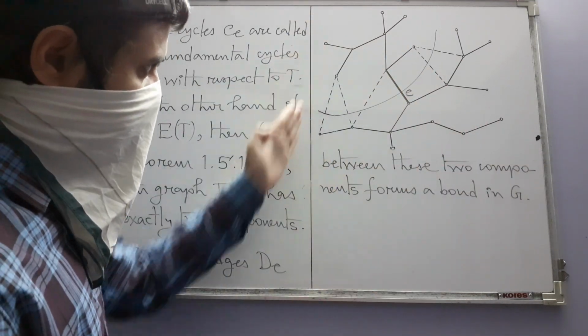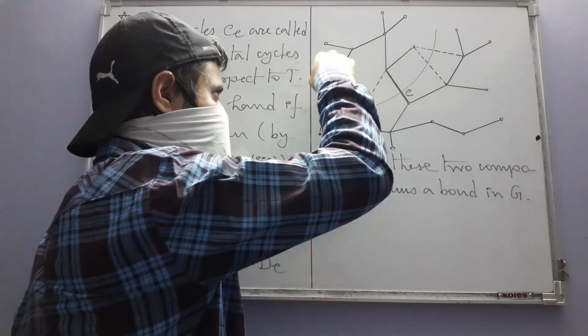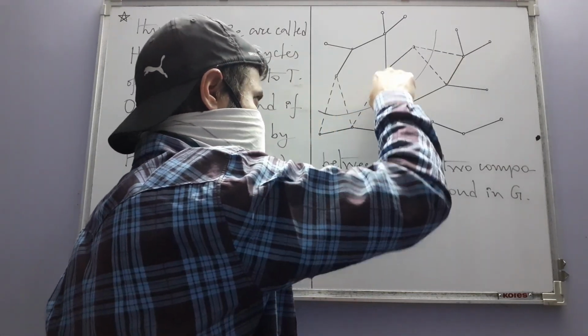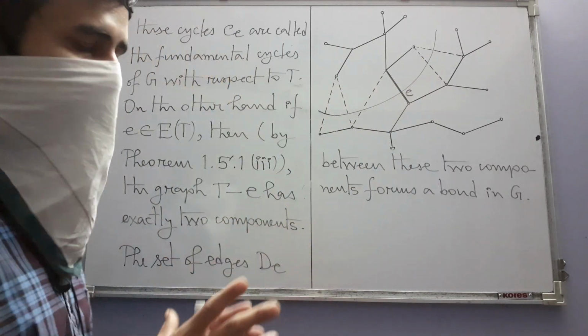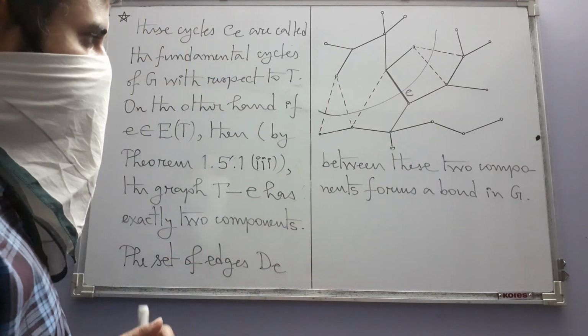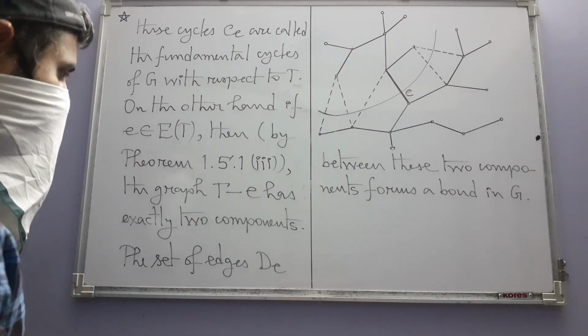So that's why all these dashed edges along with E itself give us a bond, and these bonds also have a name.